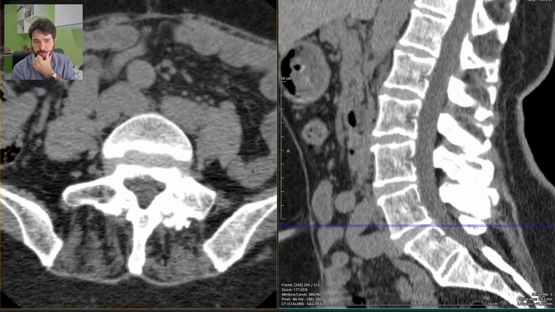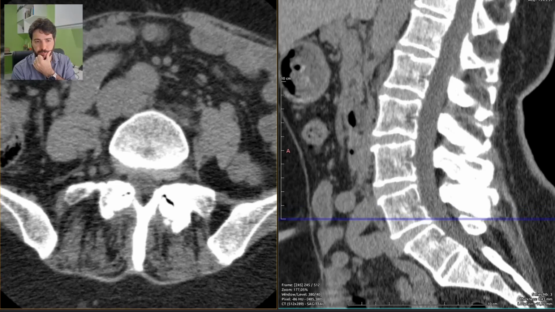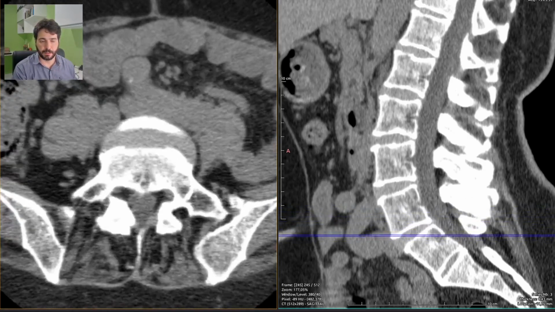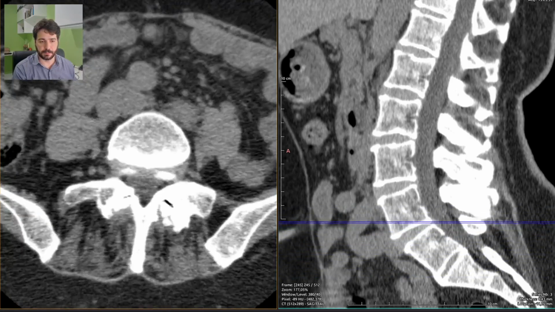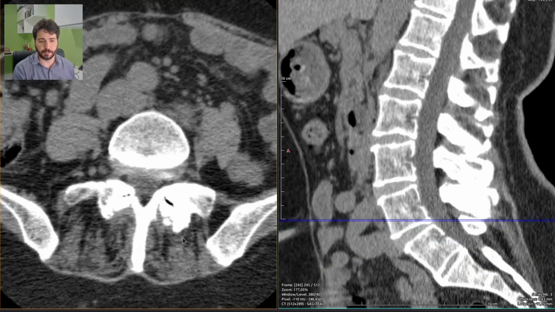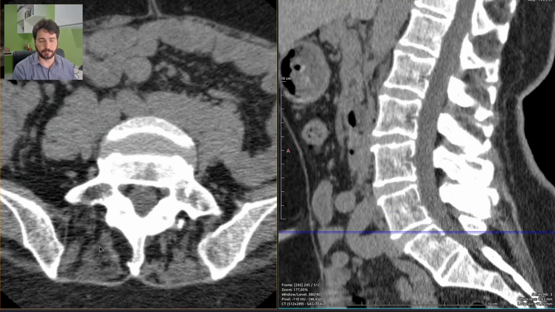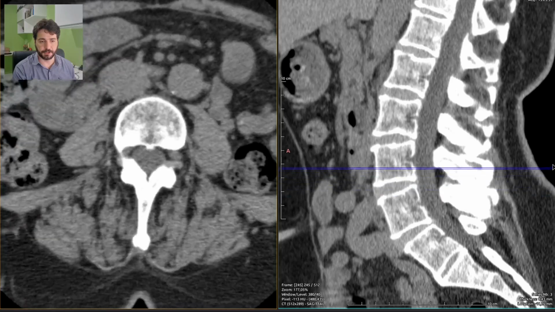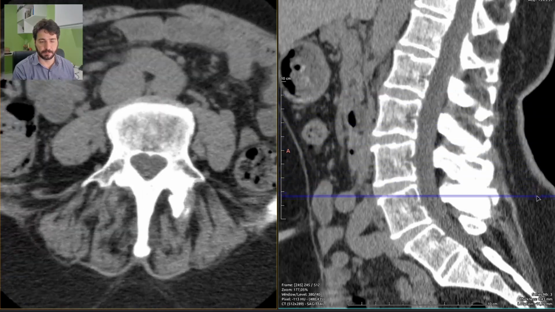And the spinal canal is also reduced in size. There is chronic atrophy of perivertebral muscle. This is chronic denervation. It's really common.